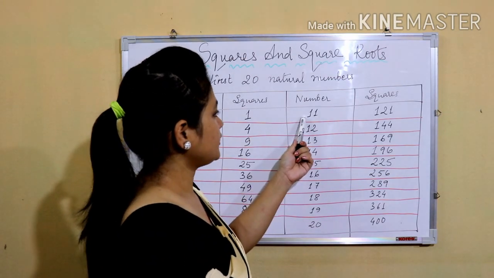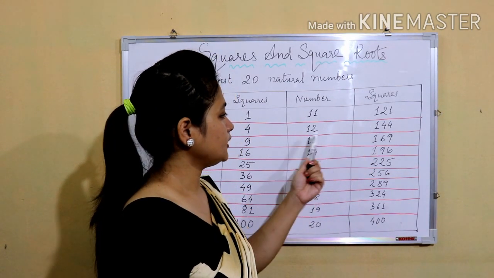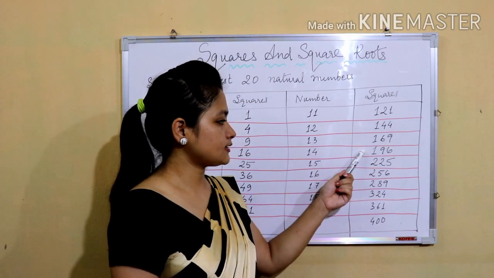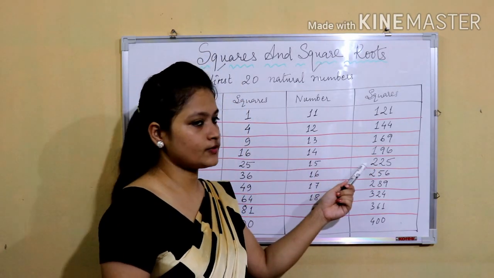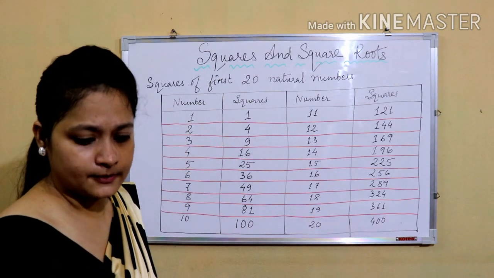Same way, 11 into 11, 121. 12 into 12, 144. 13 into 13, 169. 14 into 14, 196. 15 into 15, 225, and so on. We need to observe this table.